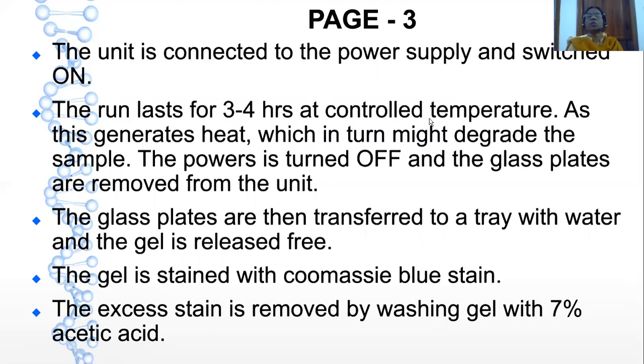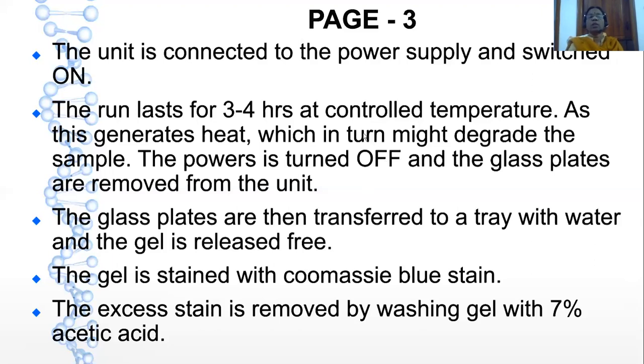When I say controlled temperature, I don't mean at X or Y temperature, but here it refers to the fact that due to the longer run time and the electricity power supply, an immense amount of heat is generated, which in turn might degrade the sample. So just to avoid that, the temperature is controlled.